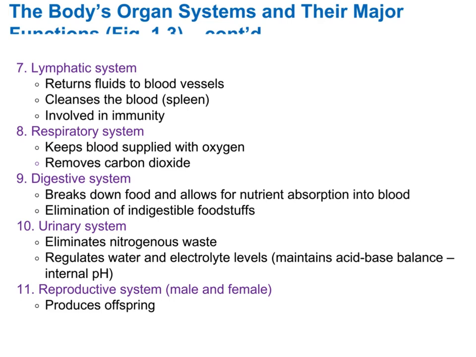Other organisms have things like uric acid, but we have a nitrogenous waste called urea. It also produces hormones. The kidneys produce things like erythropoietin, which regulates blood cell production, and renin, which helps with blood pressure. But it also regulates water and electrolyte levels, so it maintains acid-base balance, or your pH.